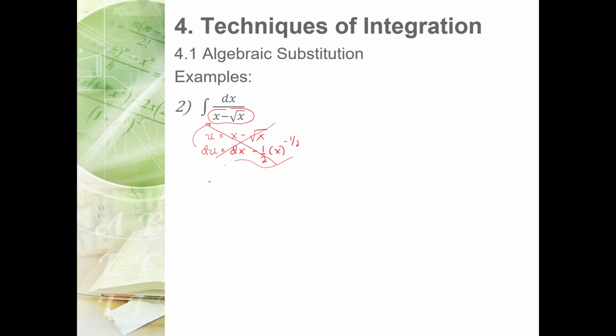For example, if we let u be equal to x, then du is equal to dx. So we can replace this one with x variable, and your dx can be replaced with du, but your square root of x was not replaced in the process. So again, you cannot use this u sub technique.